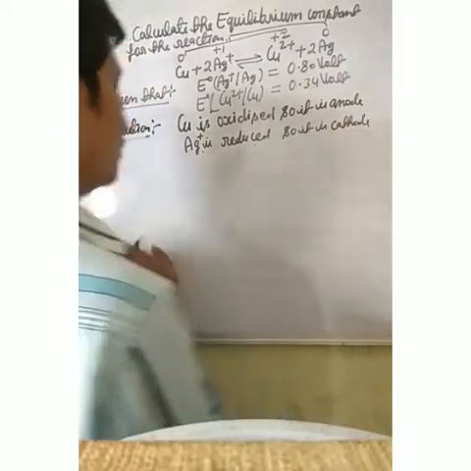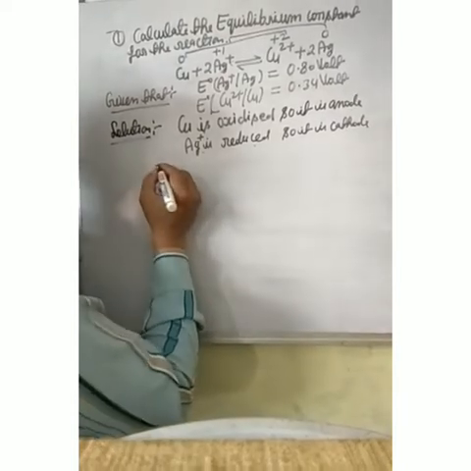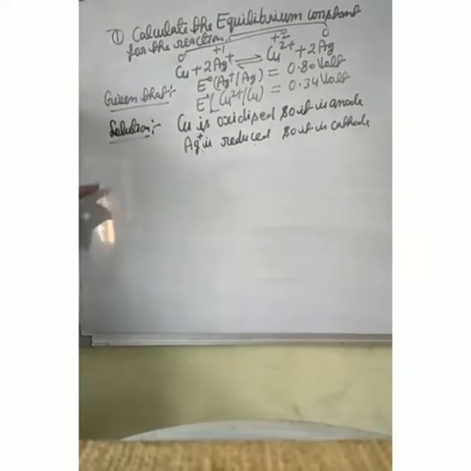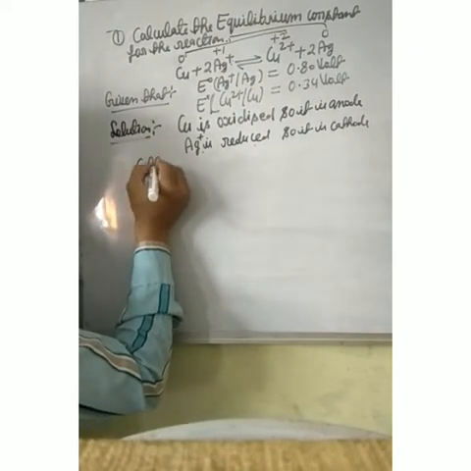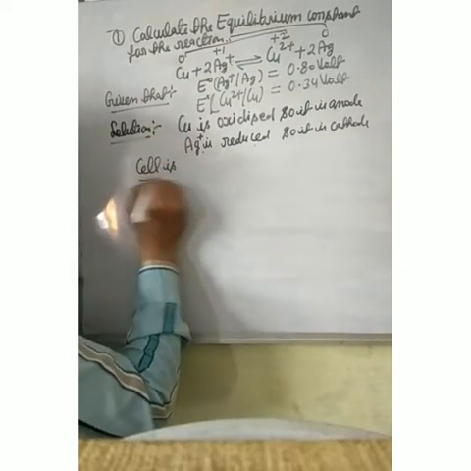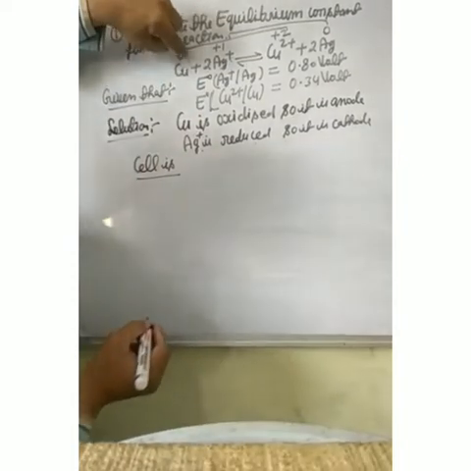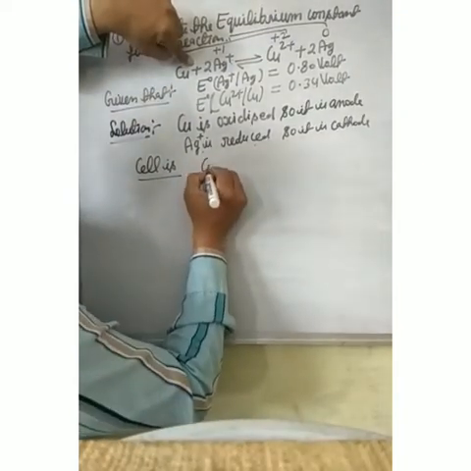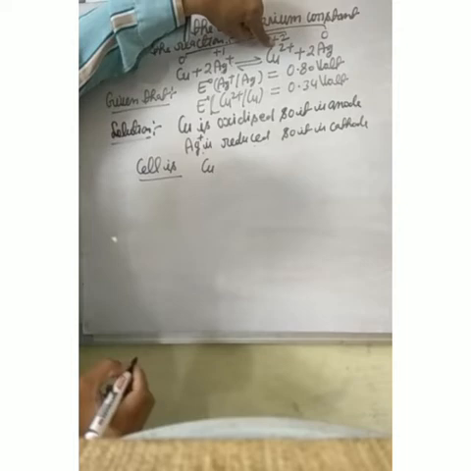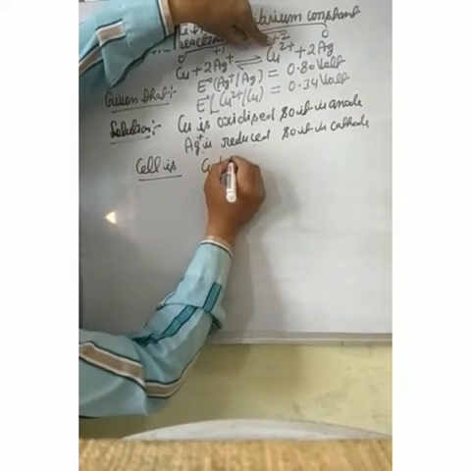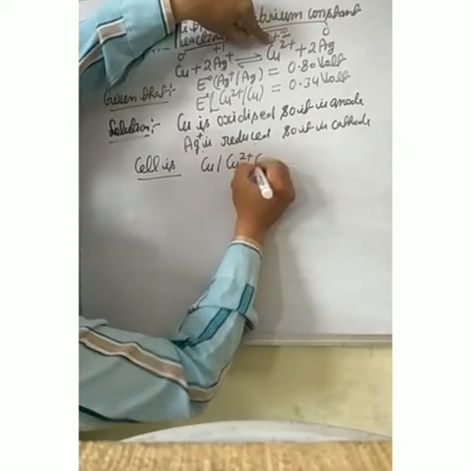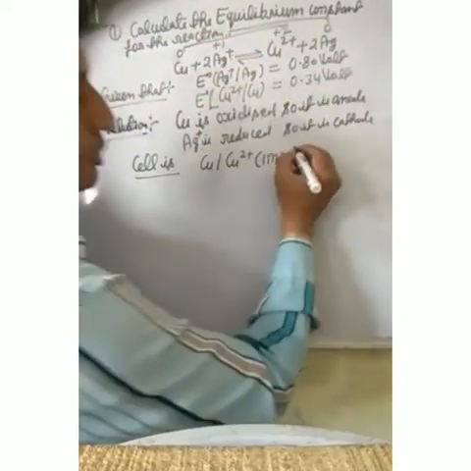Now first you have to find out E naught cell. Cell means cell reaction. Now I am telling you how you can write the cell reaction. First you write copper, and copper changes into copper ion. So you write copper, oblique, copper ion, concentration 1 molar, and these are connected by a salt bridge.